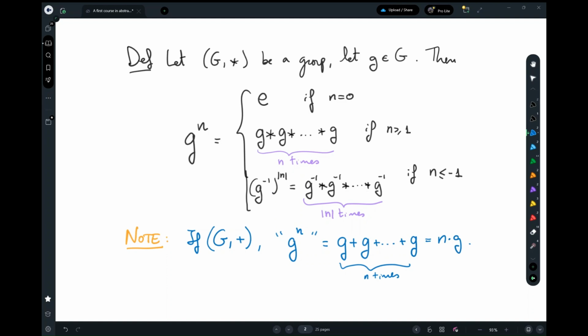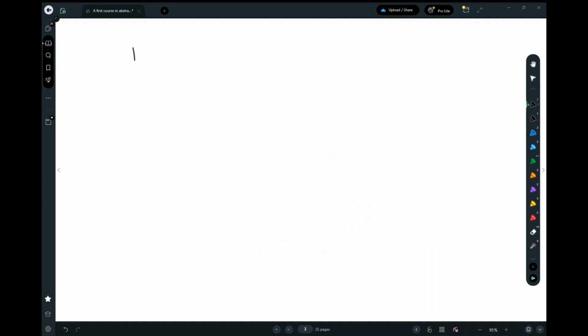Okay, so now we are going to continue with that definition, and then we say that the set generated by g is going to be the set of all powers of g as n runs over all the integers.